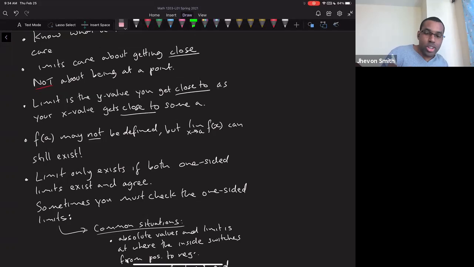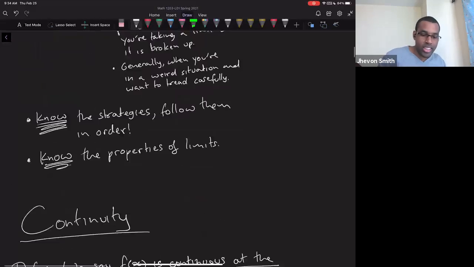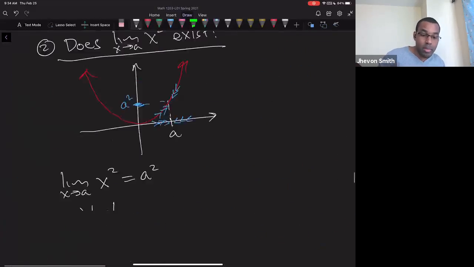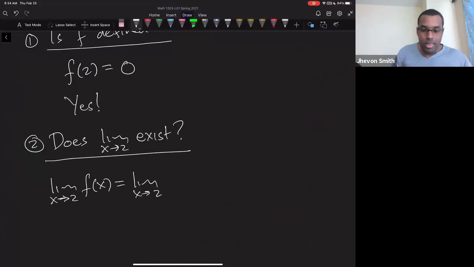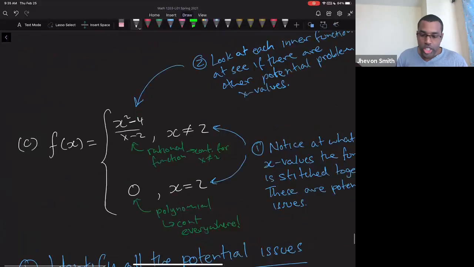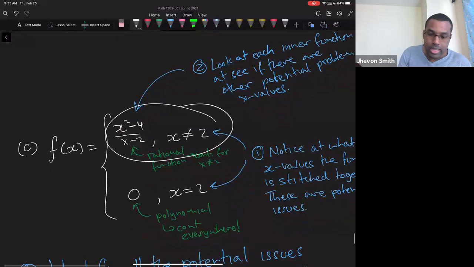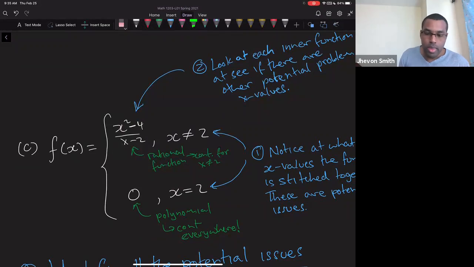So I need you to know that you are supposed to ignore x equals 2, and you're ignoring it because you're taking a limit. The limit doesn't care what's going on at 2. The limit cares what's going on close to 2, on the right side of 2, on the left side of 2, which is this guy. That's why you're going to focus on the top part.